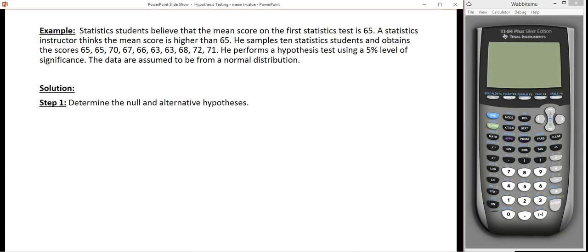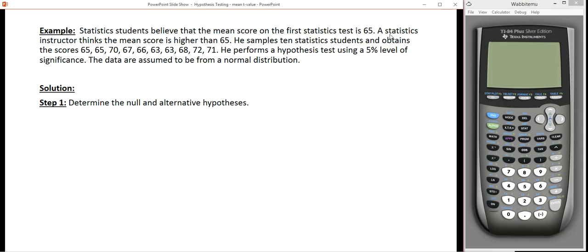So anytime we're doing this, we have to think, are we looking at testing a mean, like an average, or is the problem talking about a proportion, which would be p? In this case, we're talking about the mean score, as we can see here, so we know that we're going to be dealing with mu.